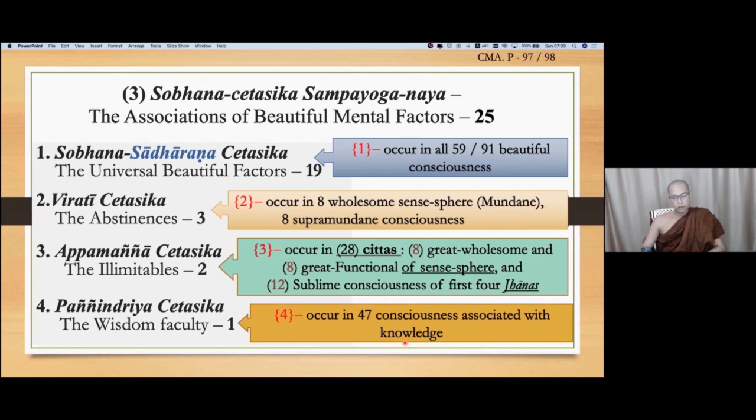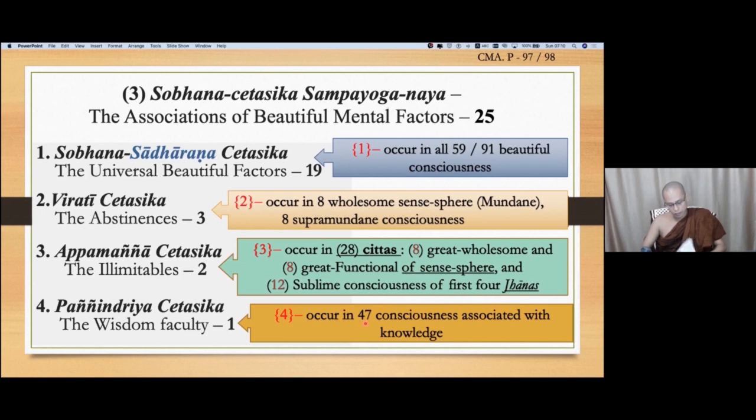So the wisdom faculty arises with 47 consciousness associated with knowledge. When we study the earlier chapter, we know already what are the consciousness associated with knowledge: 12 in sense-sphere and altogether sublime and lokuttara, supramundane, 35. In this way, we can count 47 easily.